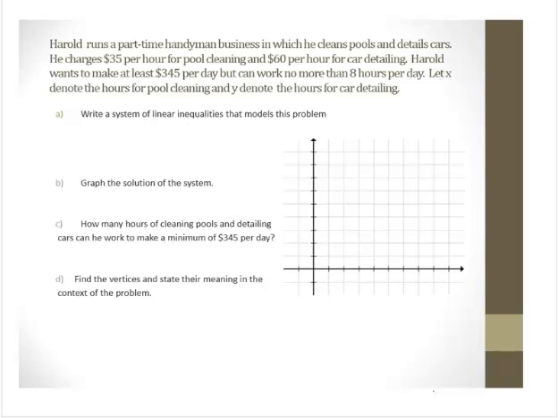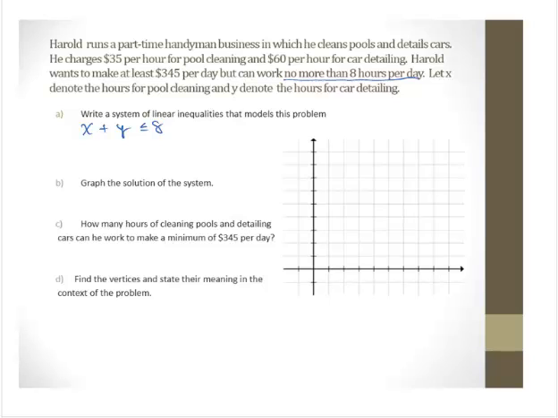Alright, so let's see. If we're going to let x denote the hours for pool cleaning and y denote the hours for car detailing, well, he can work no more than 8 hours per day. So then the hours pool cleaning plus the hours car detailing must be less than or equal to 8.